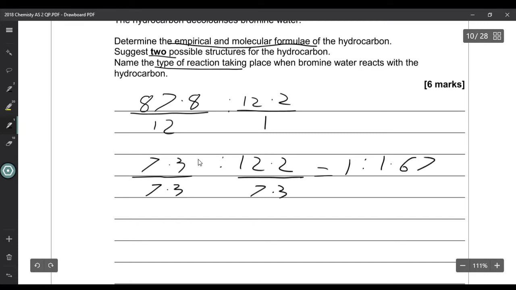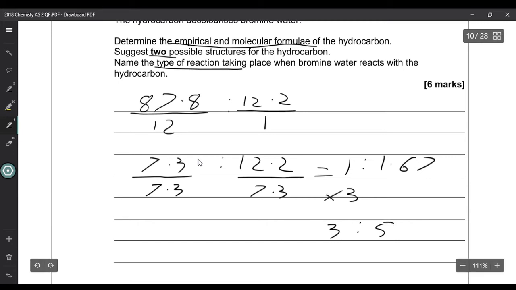So if we divide 7.3 by 7.3 and 12.2 by 7.3, we get a 1 to 1.67 ratio. Now obviously 0.67 is 2/3. So when we've got this fraction that involves thirds, 2/3, etc., what we want to do to be able to get this ratio in whole numbers is multiply through by 3. So if we multiply this ratio by 3, 1 times 3 is 3, and 1.67 times 3 is 5.